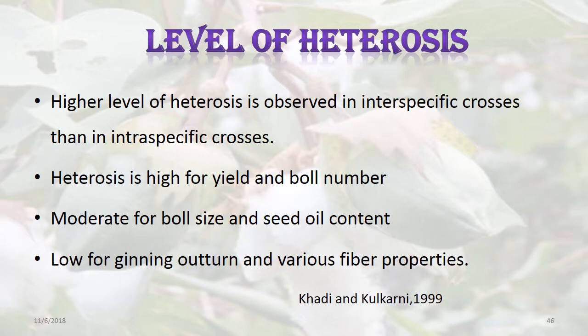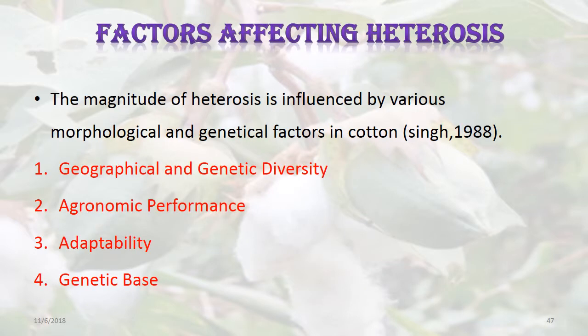Heterosis is high for yield and boll number, moderate for boll size and seed oil content, low for ginning outturn and various fiber properties. Factors affecting heterosis: geographical and genetic diversity, agronomic performance, adaptability, and genetic base.